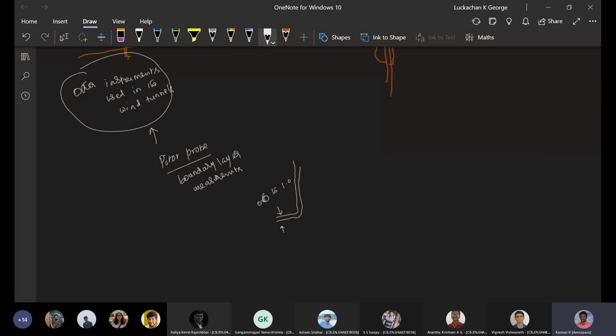Then the remaining part is connected with the help of a stem, which is close to 20 mm in length. The purpose is that the thickness of the boundary layer is going to be very, very small, so we measure the boundary layer thickness and go ahead with that.